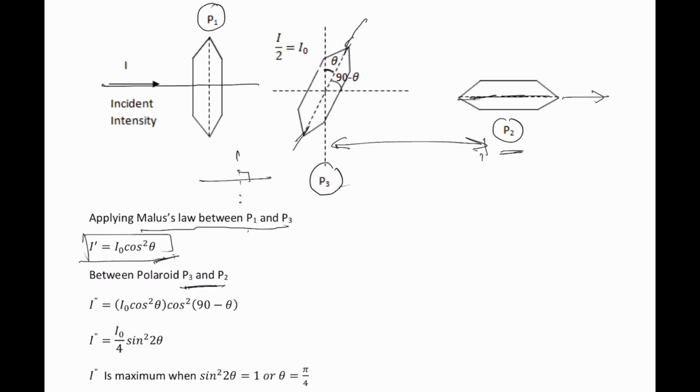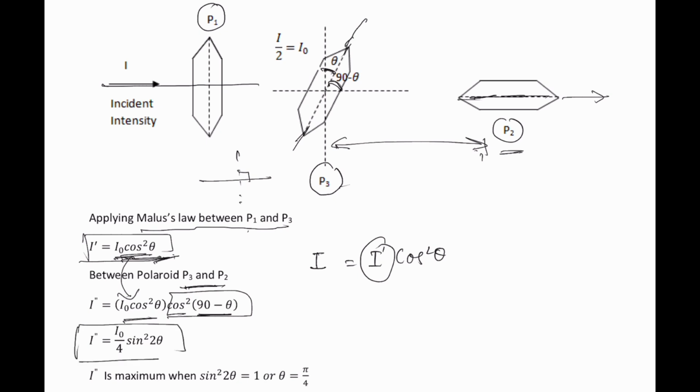So the intensity is I0 cos square theta into cos square of 90 minus theta, because if one angle is theta, then the other angle should be 90 minus theta. So the intensity is I dash cos square of the angle; for the second Polaroid, this angle is 90 minus theta, and I dash is already I0 cos square theta. So we find that I double dash is equal to I0 by 4, correct?